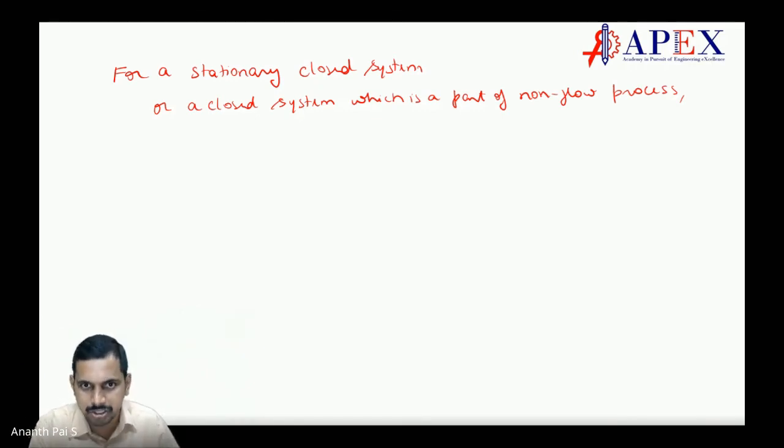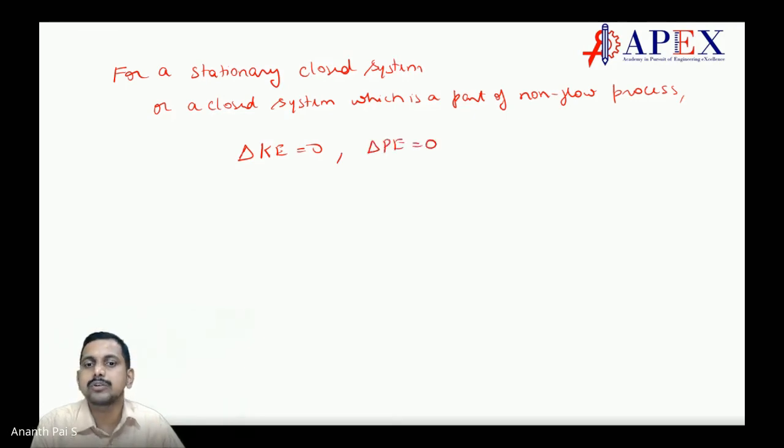For a stationary closed system or a closed system which is part of a non-flow process, we can say delta kinetic energy is equal to zero and delta potential energy is equal to zero. Then Q minus W is equal to delta U. Makes sense?